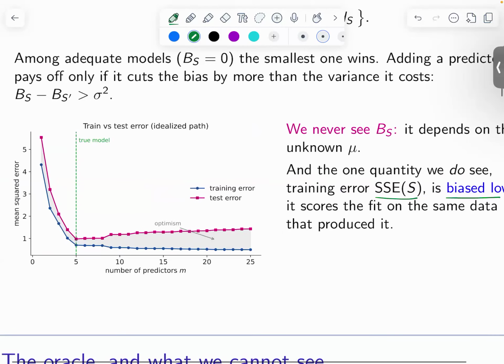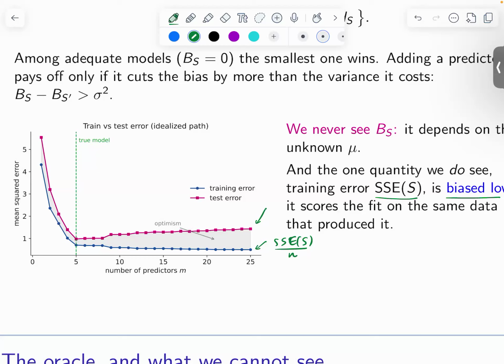And if you try to plot the SSE, which is the training error, or SSE divided by n, the MSE, versus the test error, you'd see that they come down, and at some point they start to diverge. The test error goes up while the training error goes down.